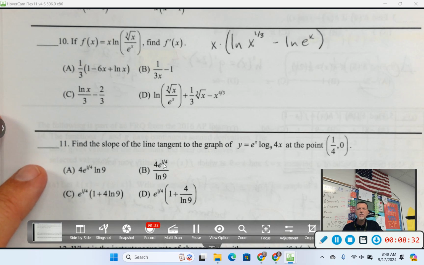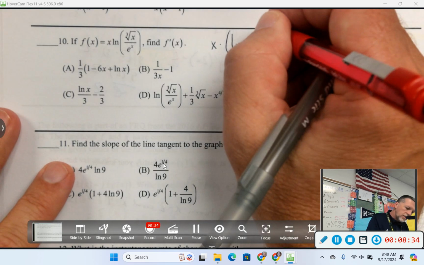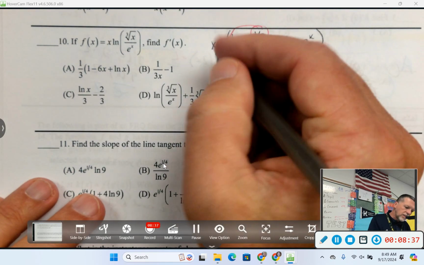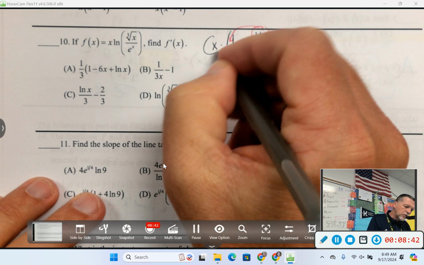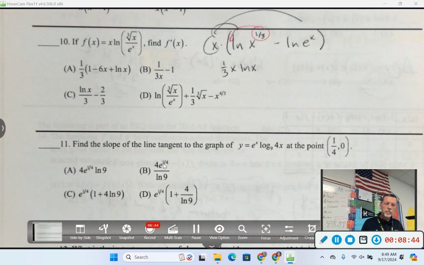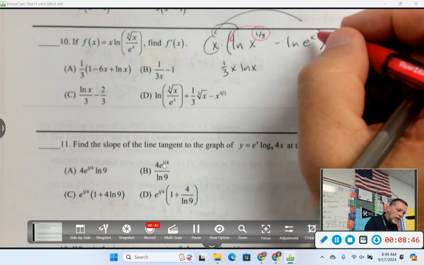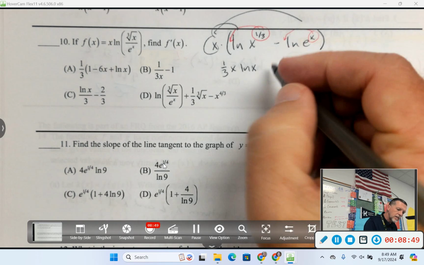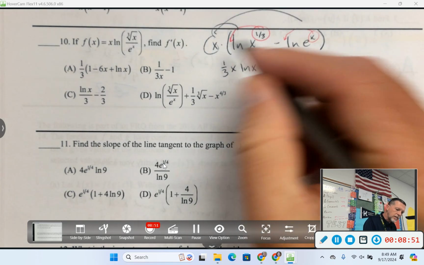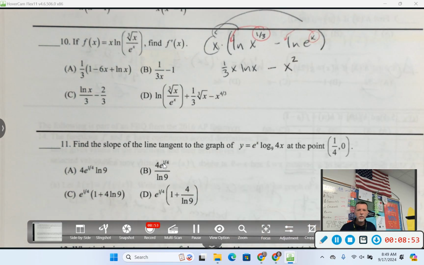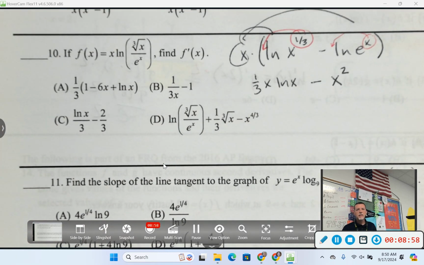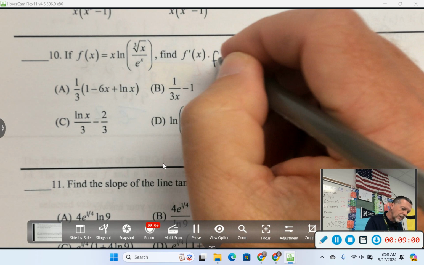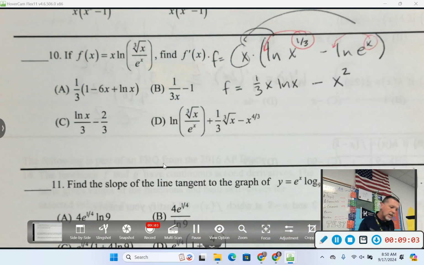The 1/3 can come down front. So 1/3 x natural log x, and I'm distributing the x. The x can come down front, and then times the x out front, minus x squared. So again, I still haven't done any calculus. That's all algebra stuff in an effort to make my calculus a little bit easier.